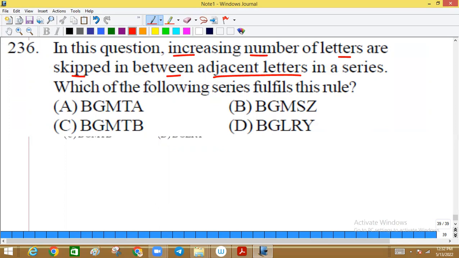Increasing number of letters are skipped between the adjacent letters. So which of the following options follows that particular rule?